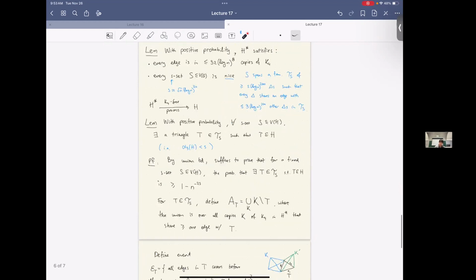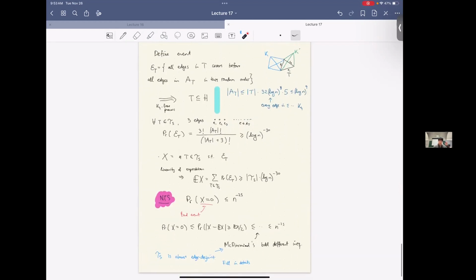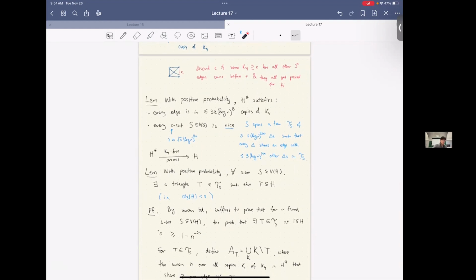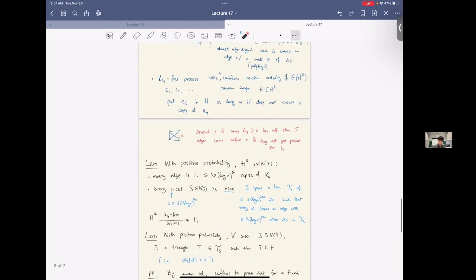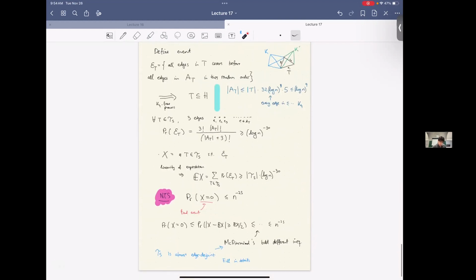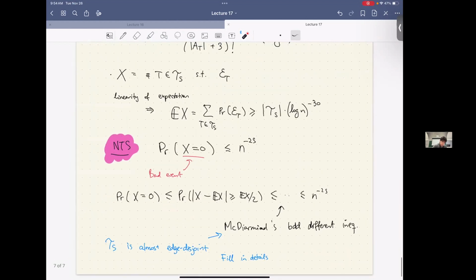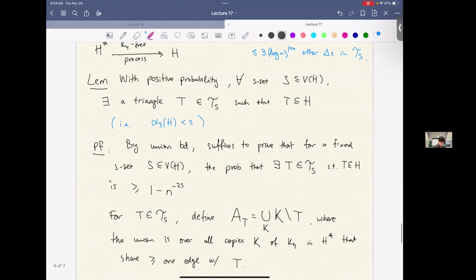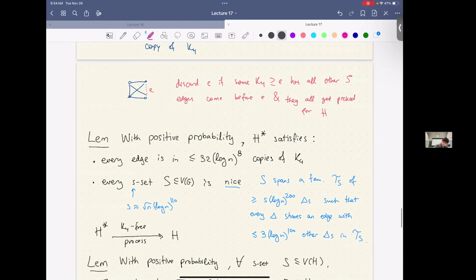Okay. Any question? So I skipped some details. That's one part, the details to fill in. Another thing is to prove this lemma.